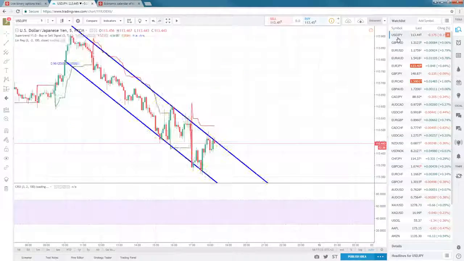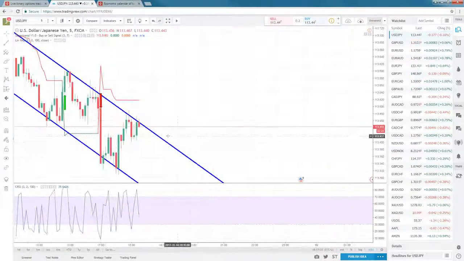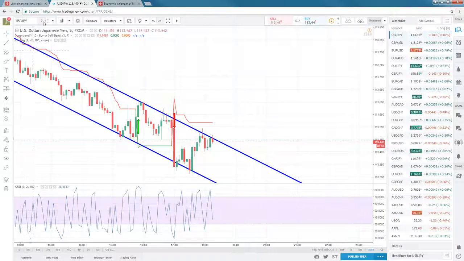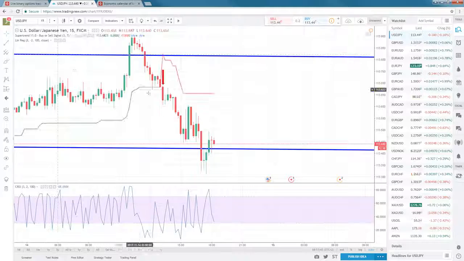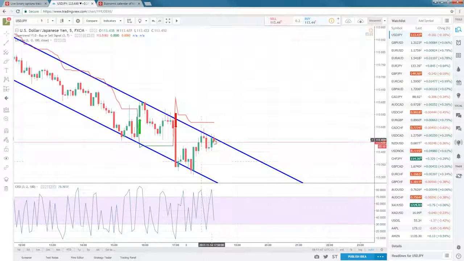Let's start from the beginning again, from USD JPY. Let's see what was the trend here, the downward moving trend. So I don't think it's a good time to enter the market right now.